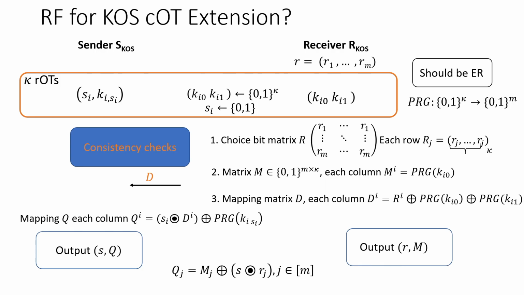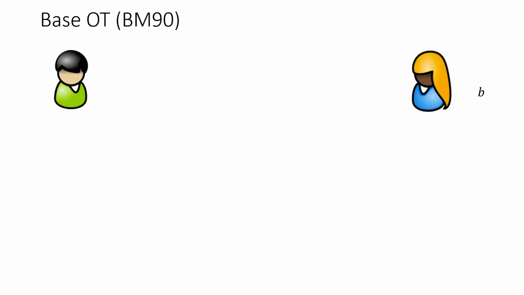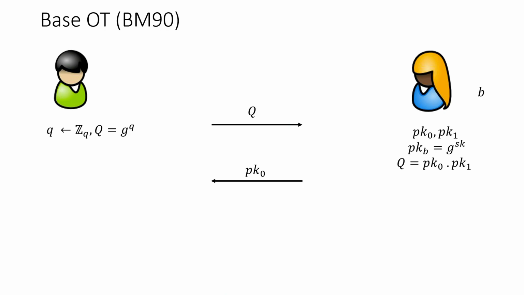So let us begin by looking at the base OT protocols and how to construct a base OT protocol that is friendly to construct a reverse firewall. So here our starting point is the protocol of Bellare and Micali. We have a sender and a receiver with a choice bit B. The sender samples a random q and sends g to the q to the receiver. The receiver samples two public keys, PK0 and PK1, such that PK_B, where B is the choice bit, is g to the SK for a known secret key SK.